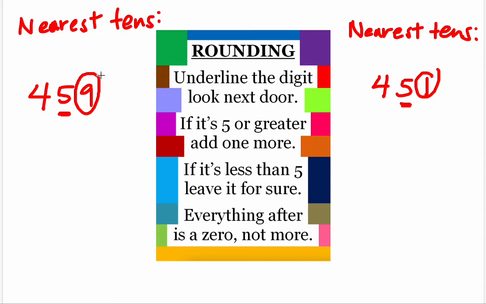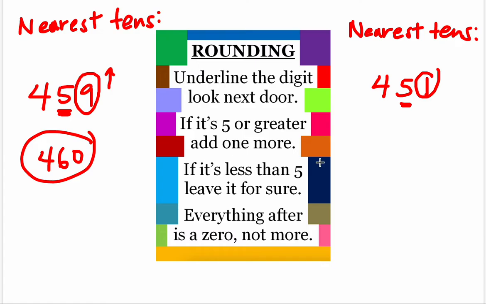This one is 5 or greater. 9 is greater than 5. So we're going to bump it up. We're going to add one more to the value that we had underlined. So your answer would become 460, because 9 is so close to 460. It's only one away. So that's why we bump it up to 460.